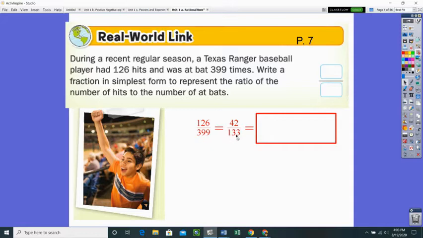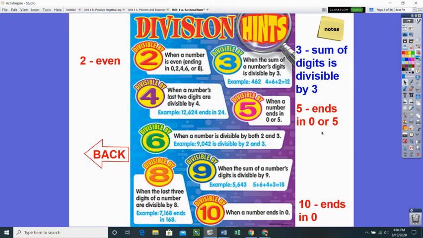So is 133 divisible by 7? And it is. So our final reduced simplified fraction would be 6 out of 19. So that's just a quick review of the divisibility rules, and this will be on a filled-in presentation that you'll be able to access on Classroom after we get through doing this video.